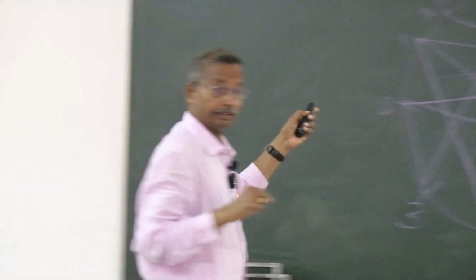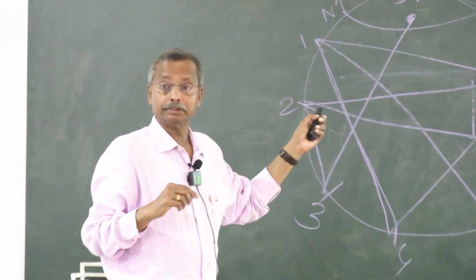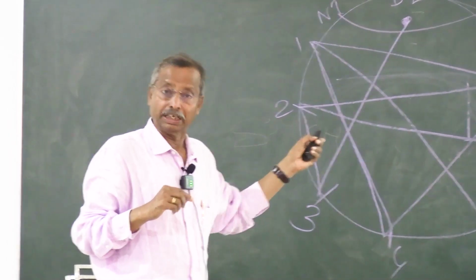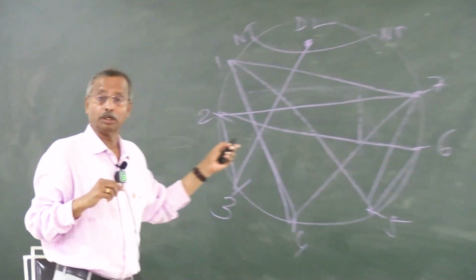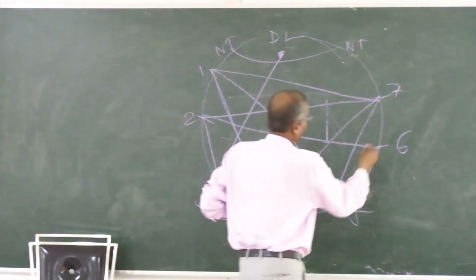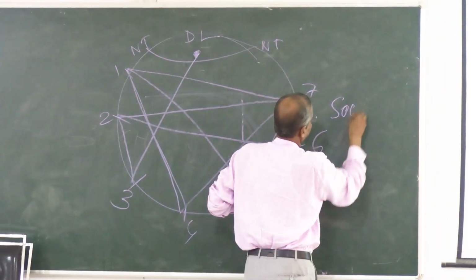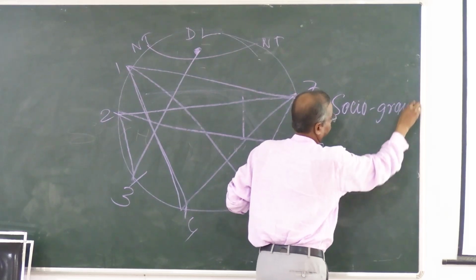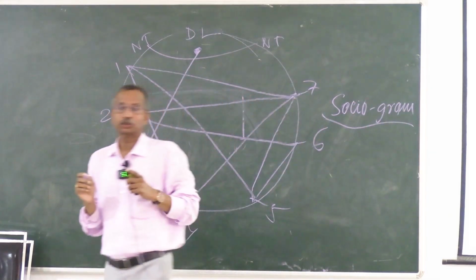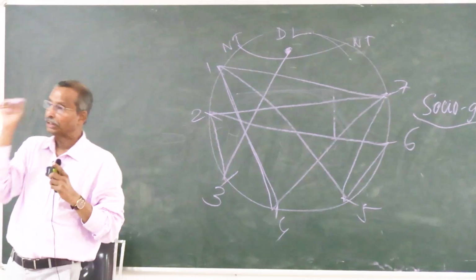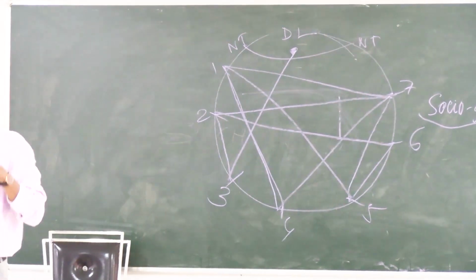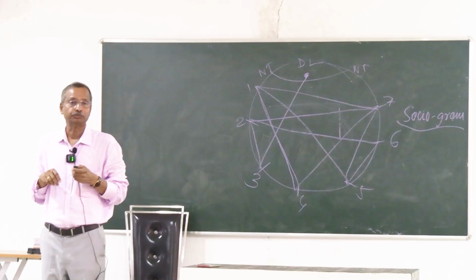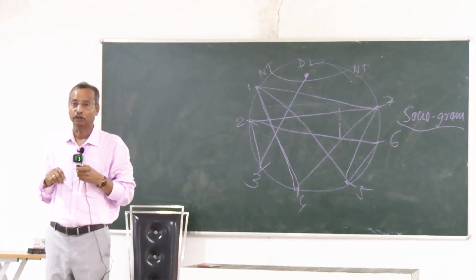This picture or this pattern is called a sociogram. With the help of the sociogram, anybody can say whether the discussion was fruitful or not, whether it is valid or not.